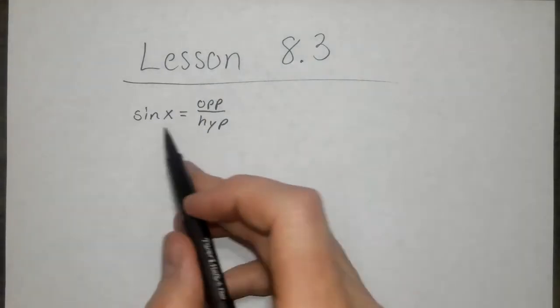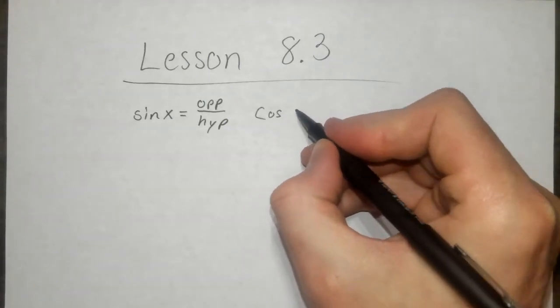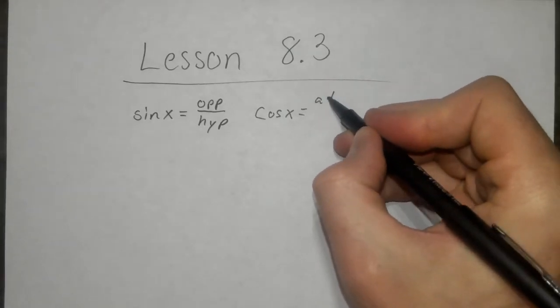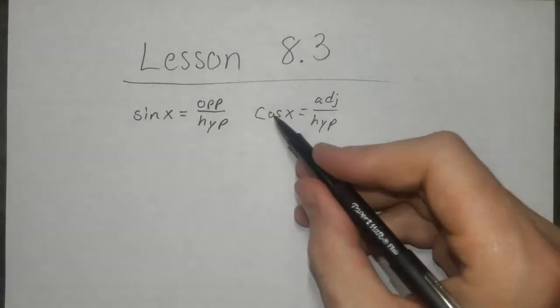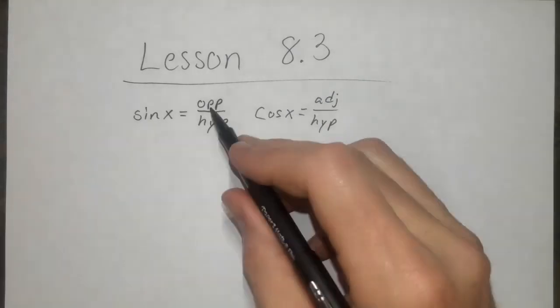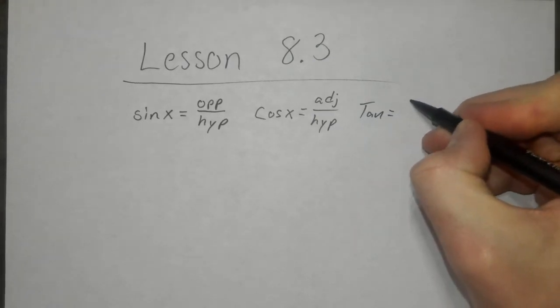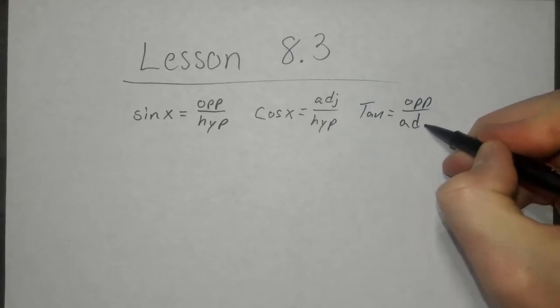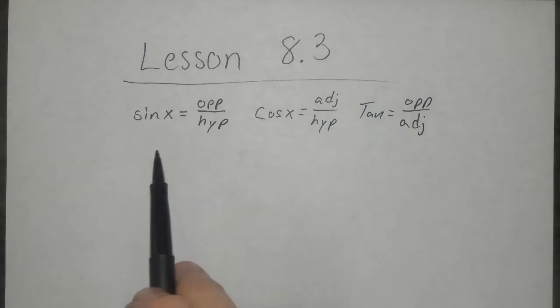So, S-O-H, so cosine is adjacent over hypotenuse. That's CAH, C-A-H, and then TOA. So tangent is always opposite over adjacent.